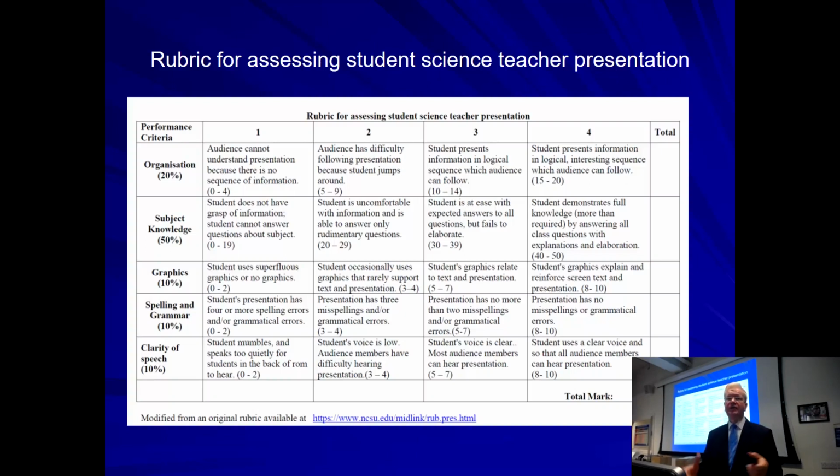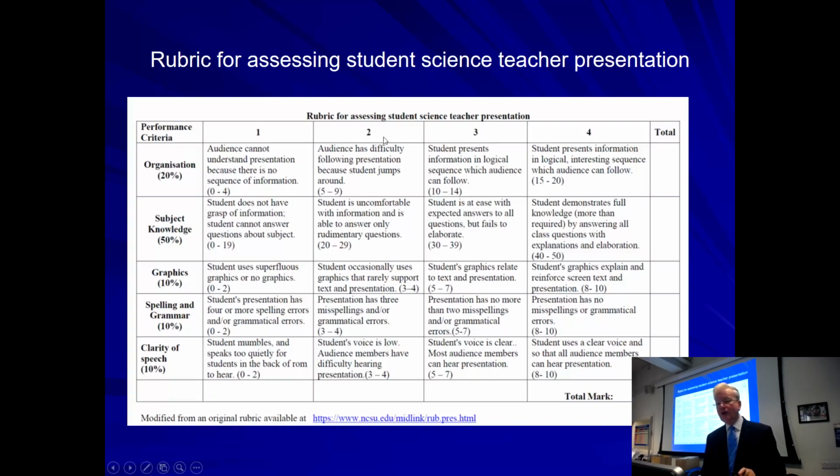It might be something, say, on the teaching of magnetism to a junior cycle student, or the teaching of thermodynamics to a leaving cert chemistry class, or whatever. Now, what I have here is I've actually put in the marks that are allocated to each part. So 20% organisation, 50% subject knowledge, 10% graphics, 10% spelling and grammar, 10% clarity of speech.